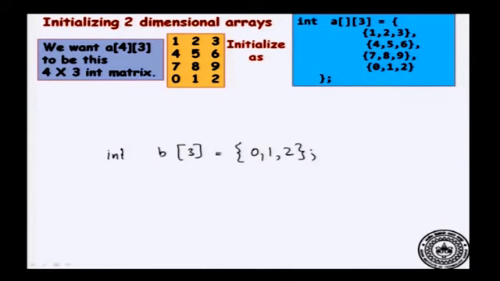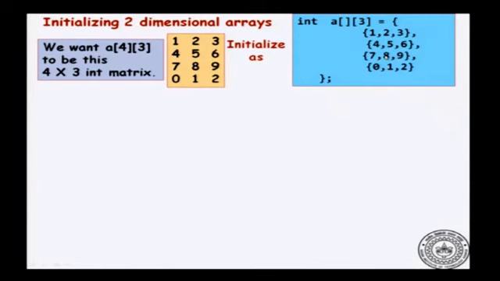So, the array initialization on the right hand side is exactly the array that is shown here. It will come out to 1, 2, 3, 4, 5, 6, 7, 8, 9, 0, 1, 2. So, the notation is consistent, and it is a generalization of the one dimensional array notation.